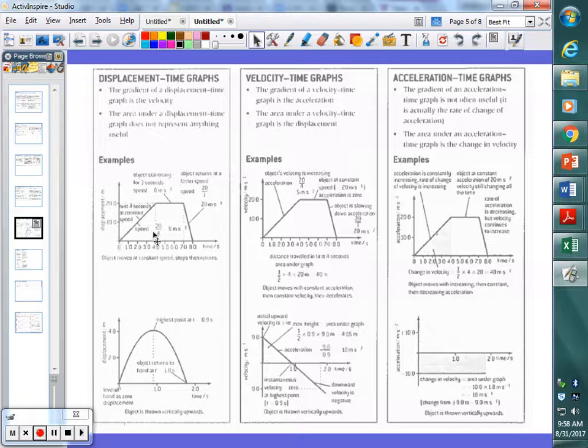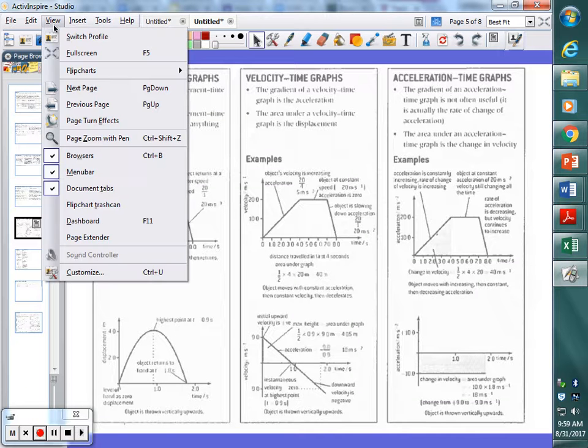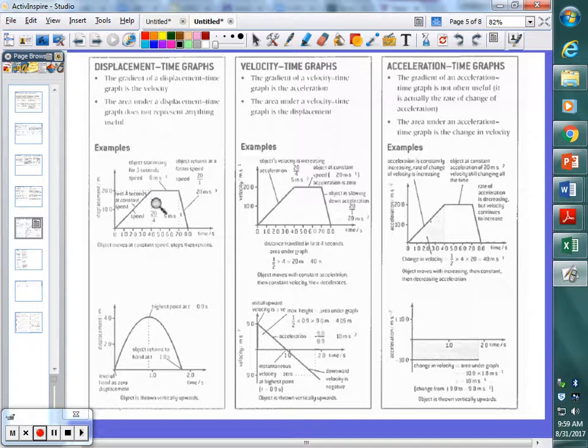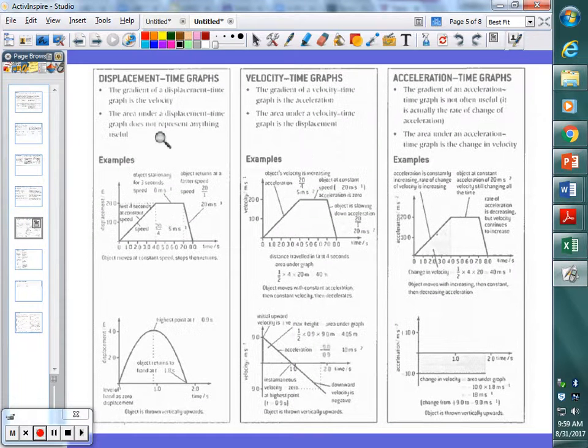And if you think about it, right here, I'll zoom in for you guys, but you can't really see it on the video. Well, I suppose we could. Hold on. Can I? View. Do I have a zoom here? Page zoom with pen. That is not what I want.